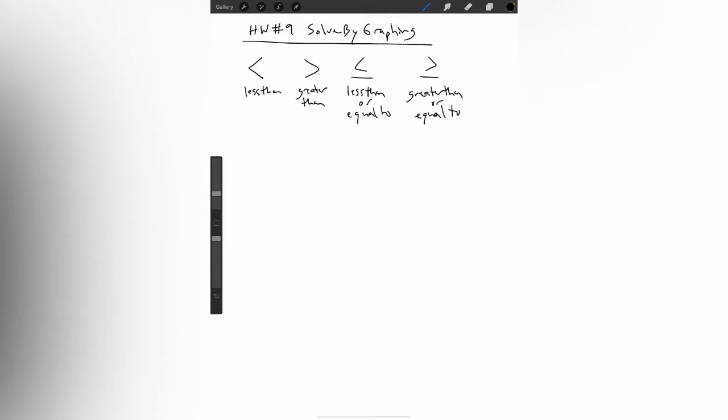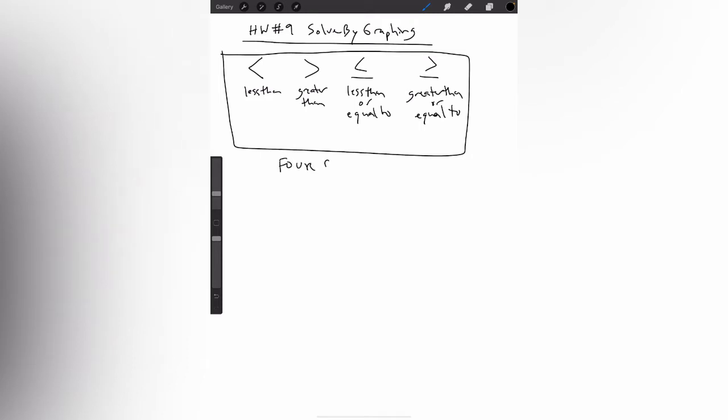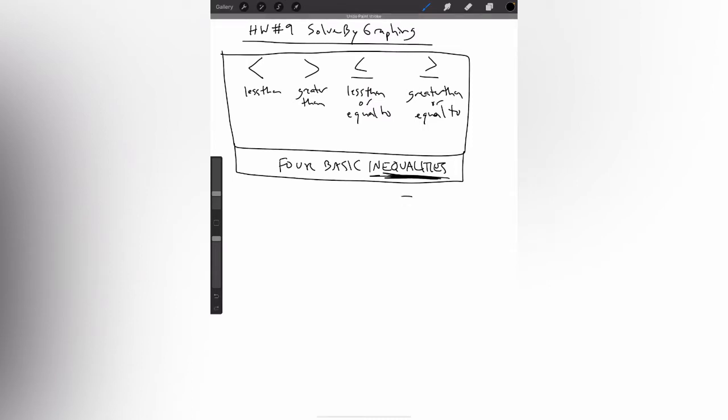And these are our 4 basic inequalities we're going to deal with. Whenever you hear the word inequality, remember in-equal, so it's not an equal sign. So it deals with those symbols.